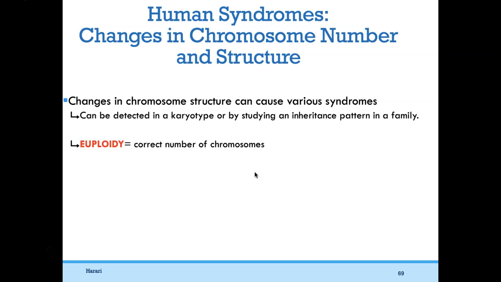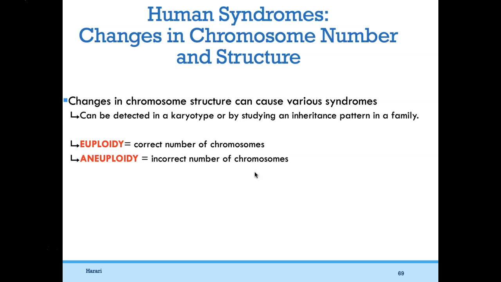But if you have the proper number of chromosomes, that's called euploidy. So hopefully when you do a karyotype, you'll see euploidy. It's the correct number of chromosomes. In humans, that would be 46. Aneuploidy means incorrect number of chromosomes, right? So if you're aneuploid, that means there is a change in the chromosome number because of an error during meiosis.